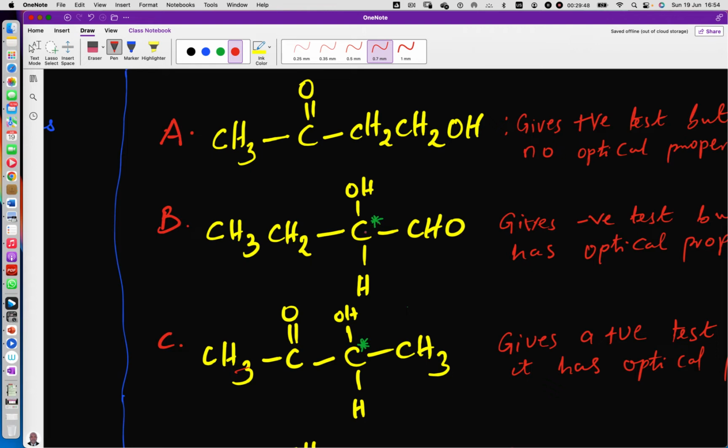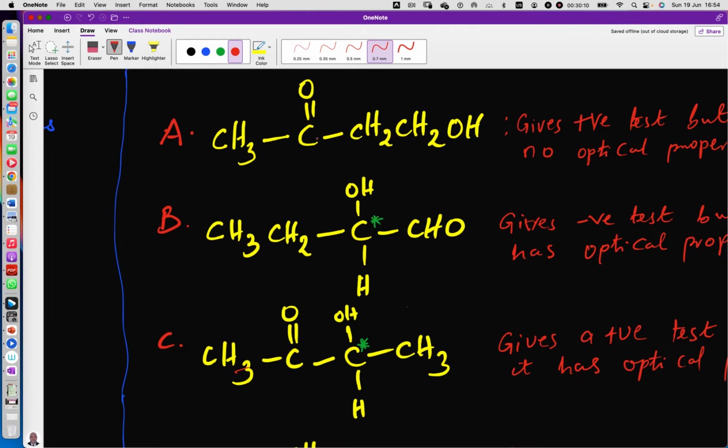For example, this one has an aldehyde group, hydrogen, an OH group, and an ethyl group. This one has optical activity because it can show optical isomerism, as it has 4 different functional groups.